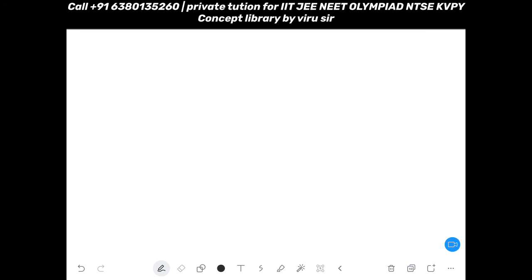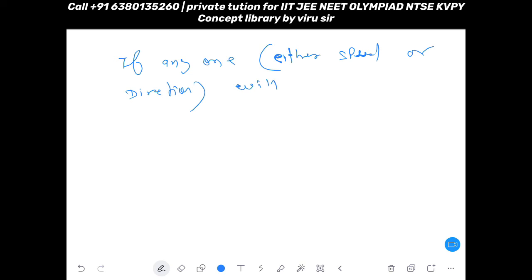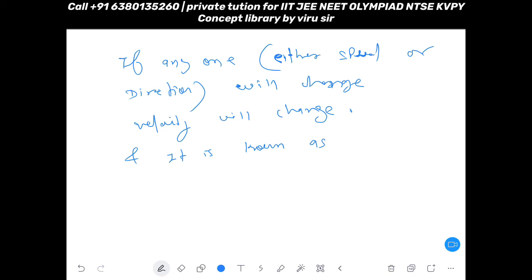Done. Very good. Now you change the page and you write, if any one, in the bracket you write either speed or direction, if any one changes, velocity will change, and it is known as non-uniform velocity.